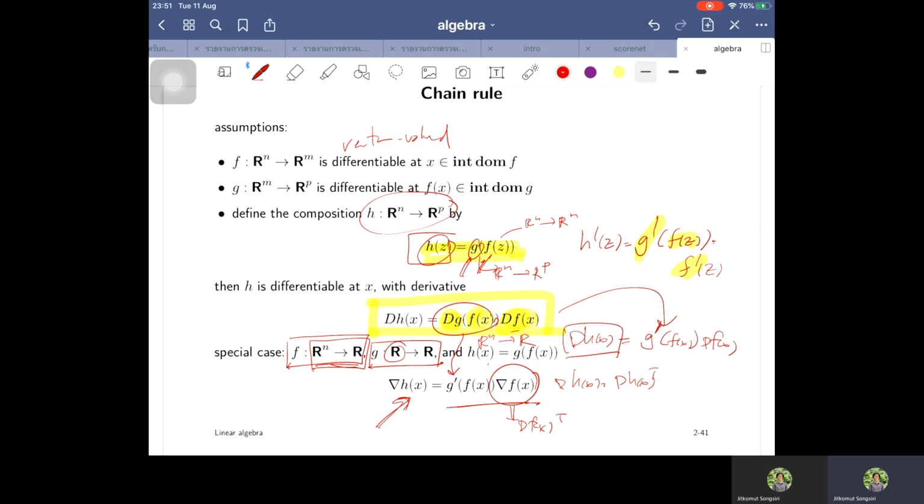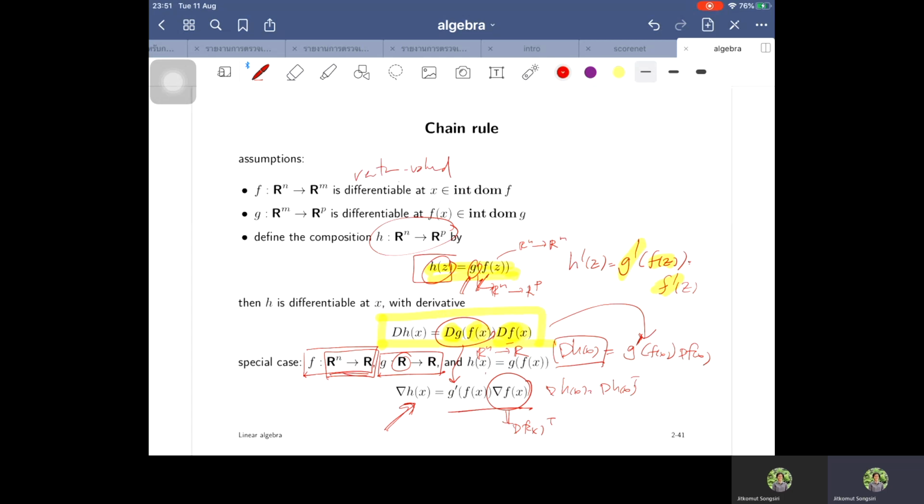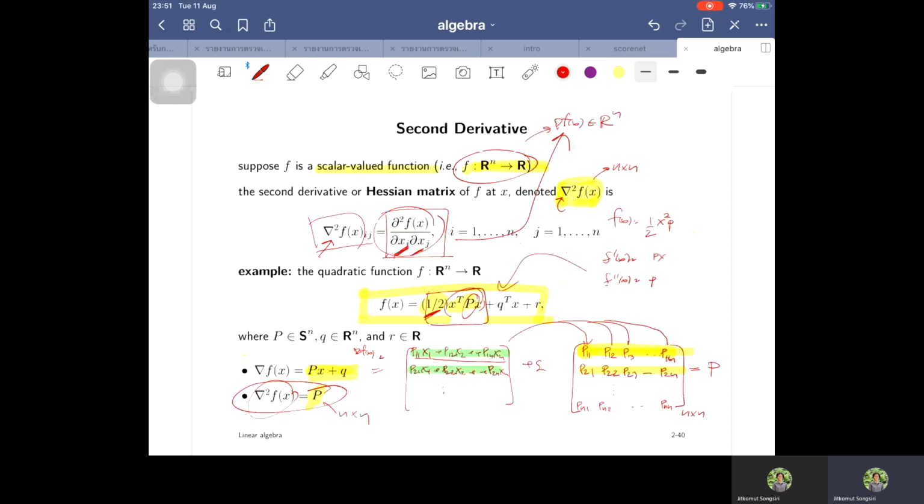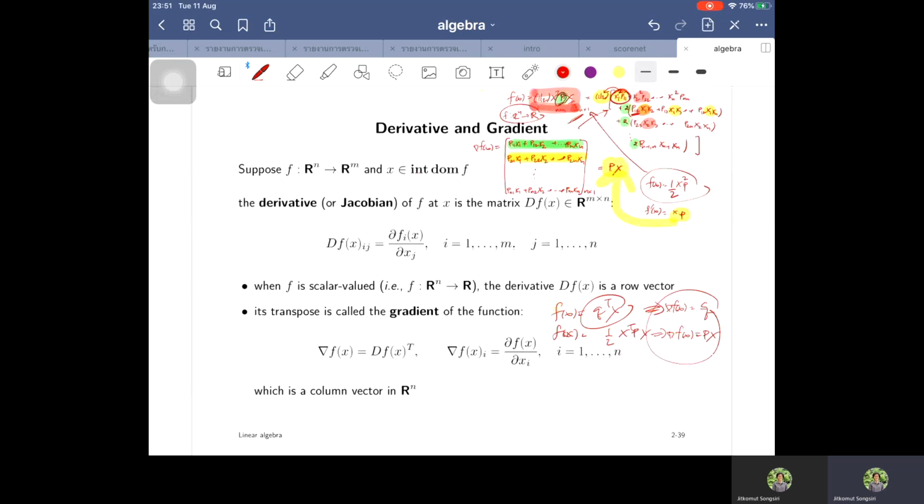So the little detail here is about gradient and Jacobian. In many other textbooks, they use these terms interchangeably, like they are the same thing. But I would like to make a clear explanation so that we don't get confused with the dimension and everything. We typically encounter a function that maps from Rn to R, and that's why we use the term gradient, and we define it as the transpose of the Jacobian matrix, so that the gradient becomes a column vector.